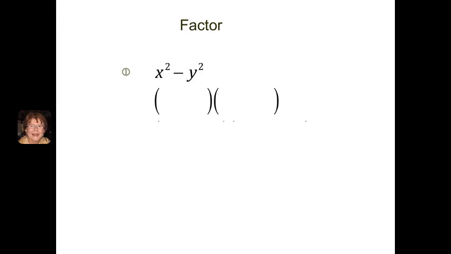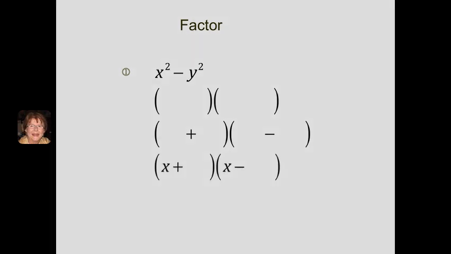The next step, and always do this one step at a time, one of these factors will be the sum of 2 expressions. The other one will be the difference of 2 expressions. How do we find those? We find the square root of the first term. Square root of the first term is x.